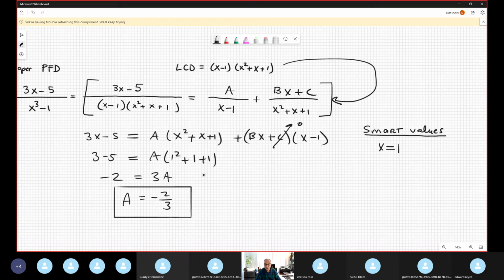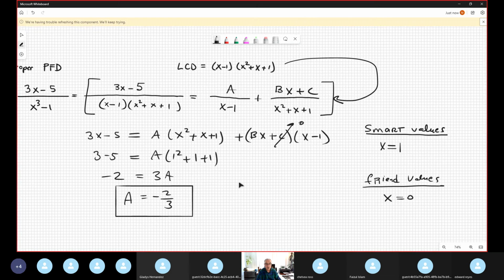And do we have another smart value or no? No. You take a free value. What is the most popular free value? 0. X equals 0, plugging in.